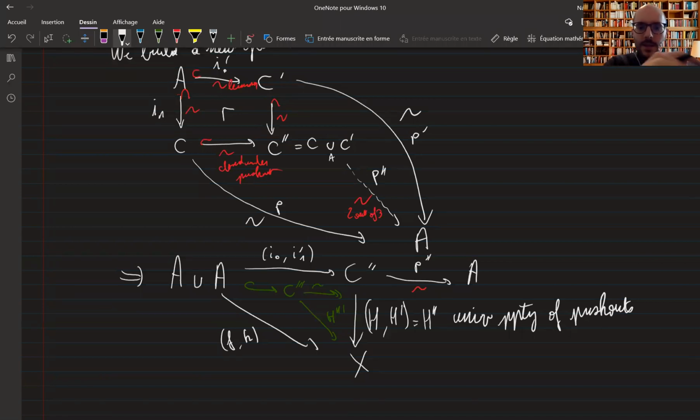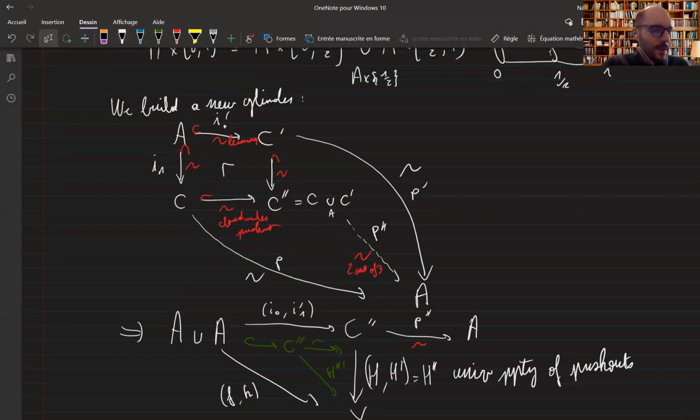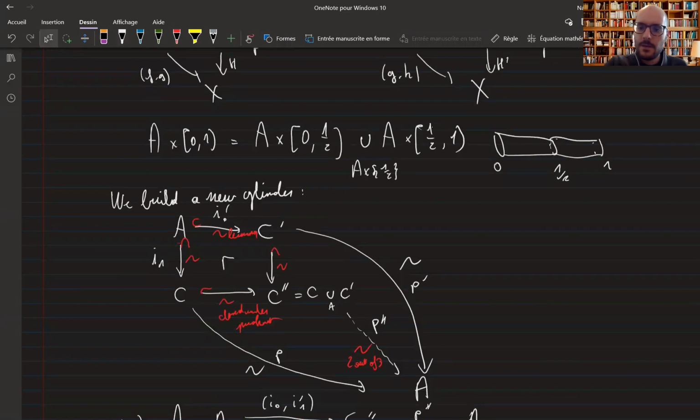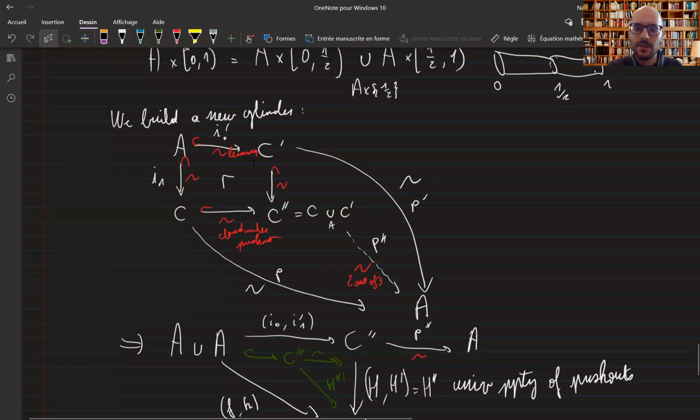So as you can see, the idea will be something very frequent. The idea in the model category setting is very close to the topological idea. It's just that in order to get all the details right, you need to really use all the tools at your disposal and really use all the axioms and the properties and so on.